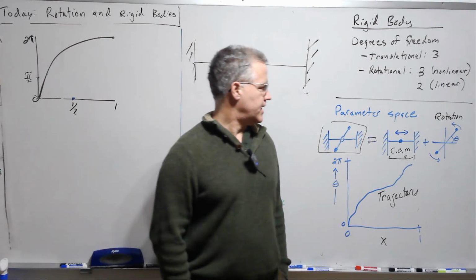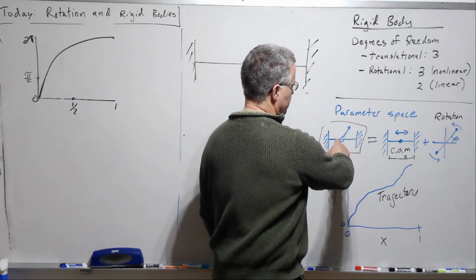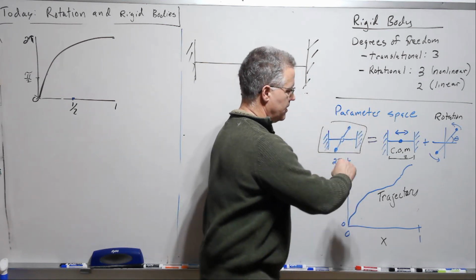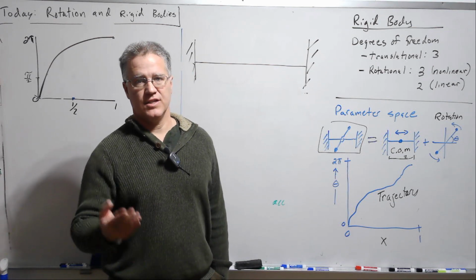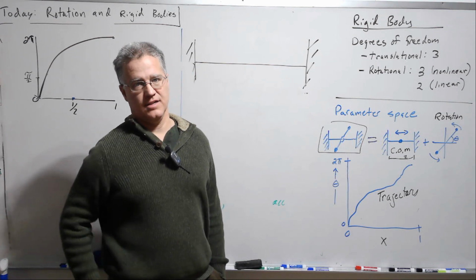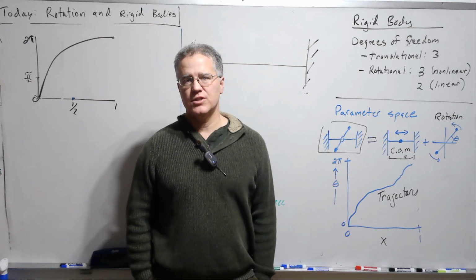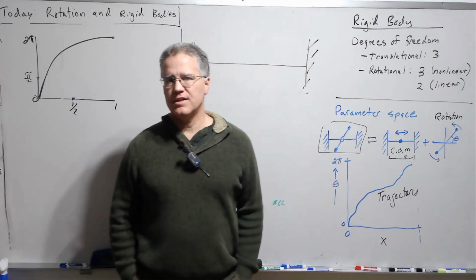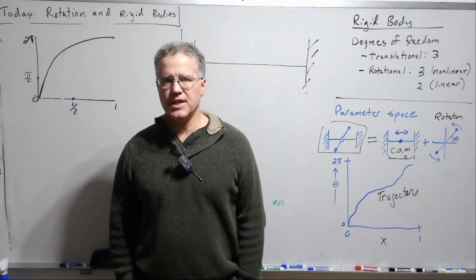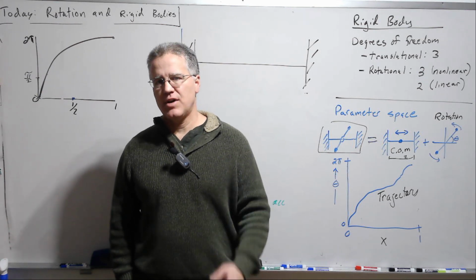So let's say this was free to move anywhere in the plane and also have that rotation. So then it'd be x, y, and theta. And you'd have a 3-dimensional space for your parameter space. So there's lots of ways you can think more about this and practice these ideas.